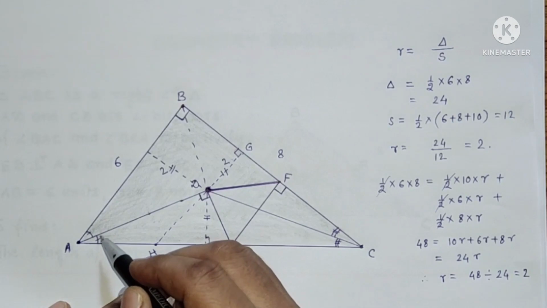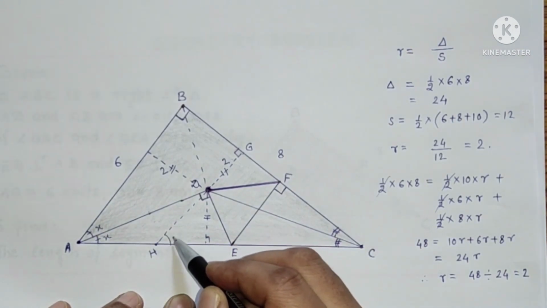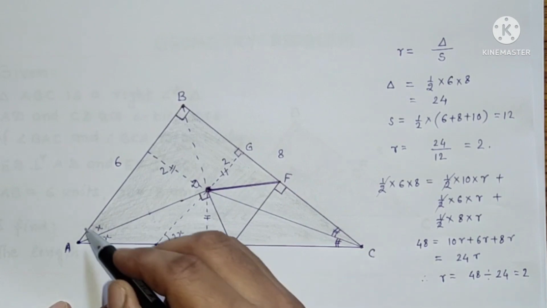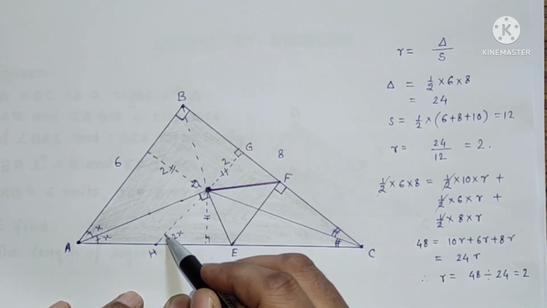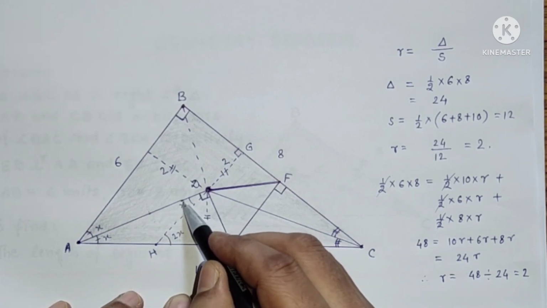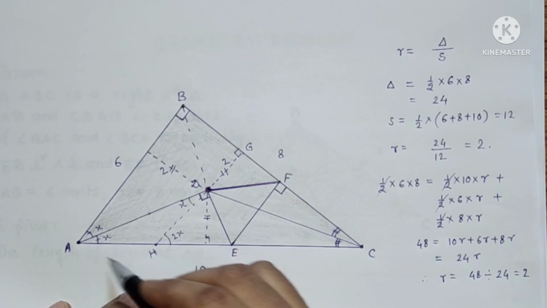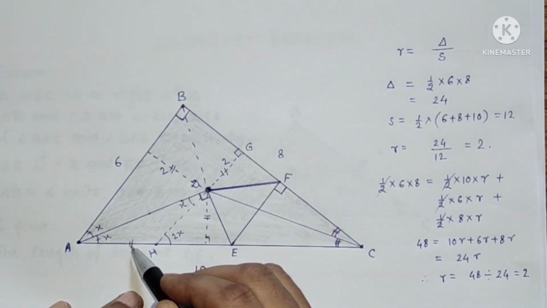Suppose this whole angle is 2x, so this will be x, this will be x. This will also be 2x because corresponding angles are equal. By using the exterior angle property, if this is 2x and this is x, this will also be x. It means AHD is an isosceles triangle. These two sides are equal.